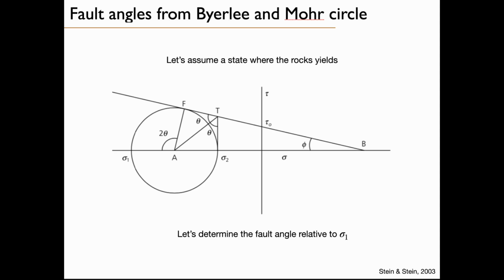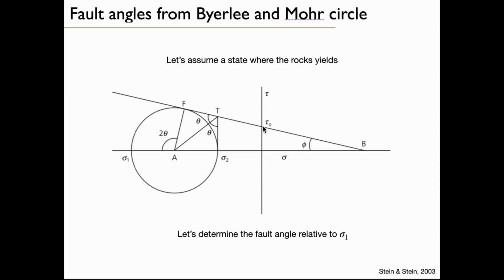So let's first discuss the fault angles using these two tools that were introduced previously, which are the Mohr circle and the Byerlee criterion. We always work in this space where the normal stress is along the x-axis and the shear stress is along the y-axis. So you see a representation of the Byerlee criterion. The angle of friction is here.